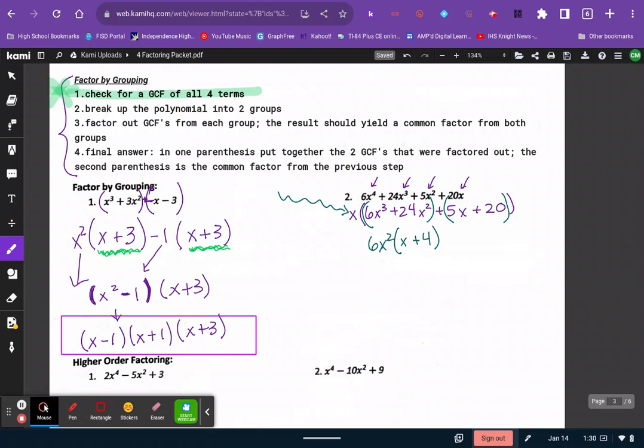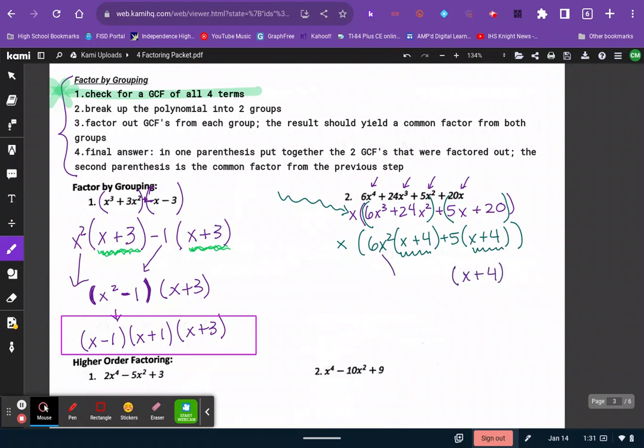Last set, 5 is in common. And keep in mind, out in front of all this, we still have our x. So don't forget that. All right. Common factor here. So x plus 4 is part of my answer already.